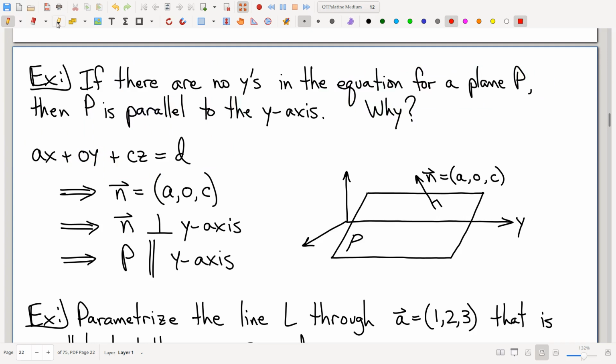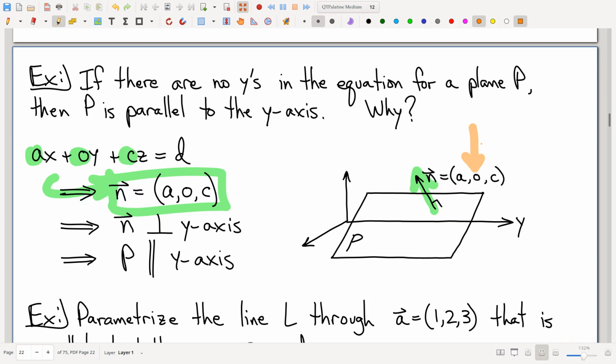If we take our equation, we know that if you look at these coefficients, that instantly tells us our normal vector. Right? That was one of our takeaways from the previous page. You have an equation, boom, normal vector. That normal vector, notice, has a 0 in a critical location.